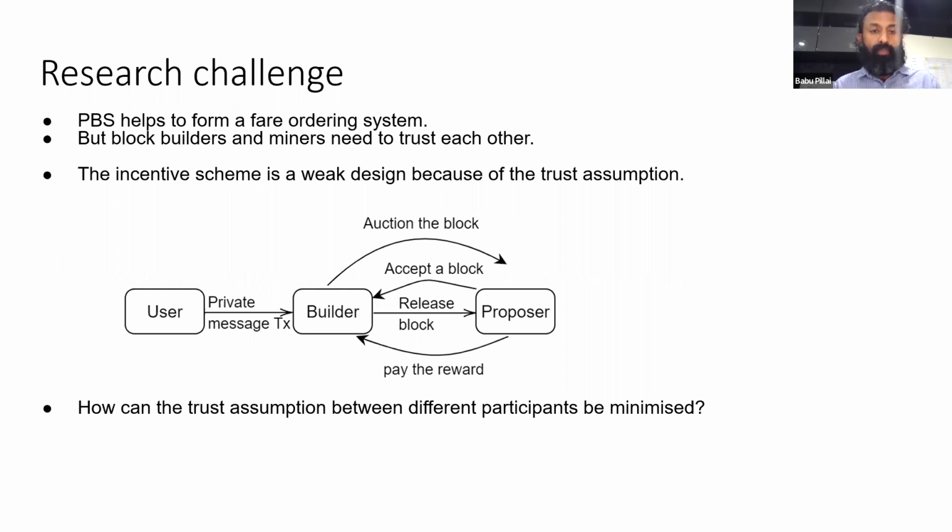If the builder doesn't release the block fast enough, or delays it, then the proposer actually loses that slot. So in this case, there is no reward for the builder to release the block in time. There could be a delay in there. Now, how can we minimize the trust assumption between different parties in this model? That's what I was looking at.